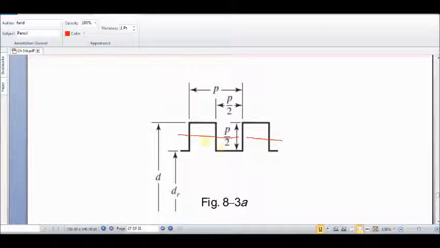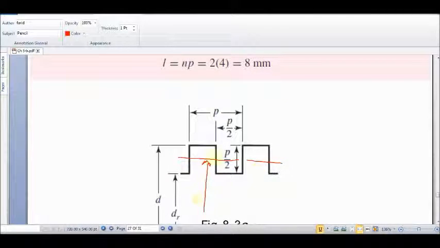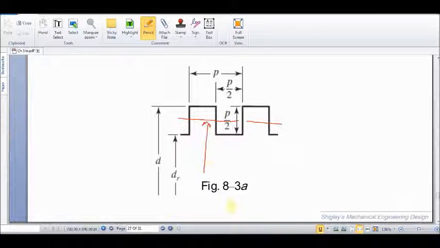When we want to find this diameter, if we deduct half of the pitch from the major diameter, we can find the mean diameter, because from the major diameter to the mean diameter is a quarter of the pitch, and at the opposite side of the thread we also have another quarter of the pitch.